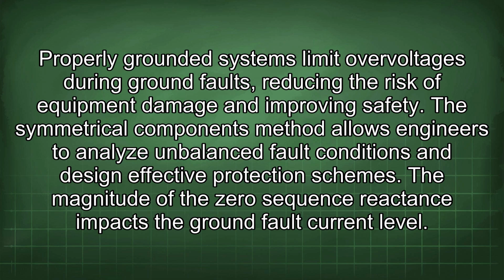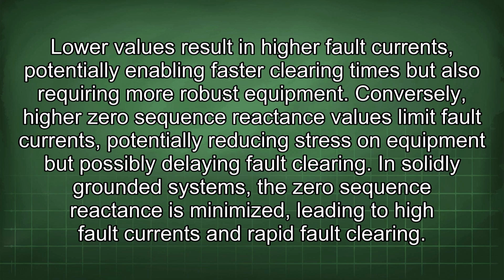The magnitude of the zero sequence reactance impacts the ground fault current level. Lower values result in higher fault currents, potentially enabling faster clearing times but also requiring more robust equipment. Conversely, higher zero sequence reactance values limit fault currents, potentially reducing stress on equipment but possibly delaying fault clearing.